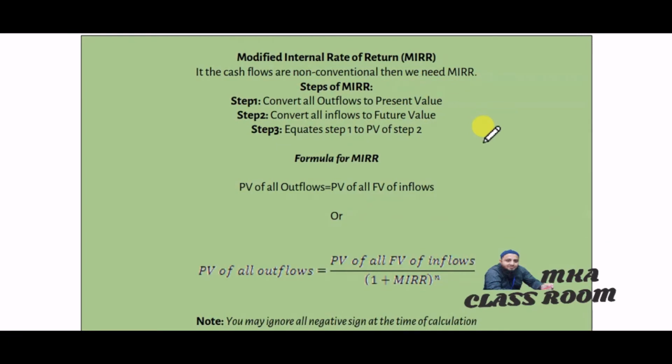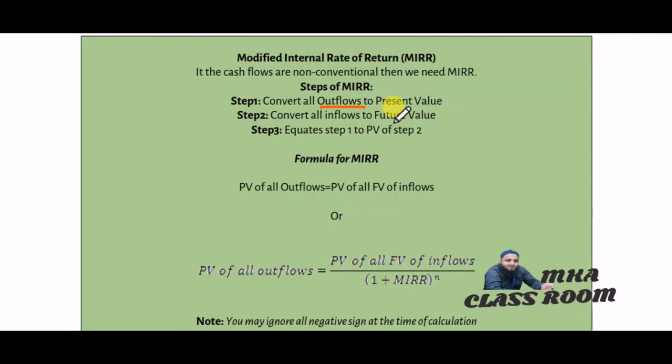So here are the calculating procedures of MIRR, modified internal rate of return. When the cash flows are non-conventional, then we need MIRR. Steps of MIRR: convert all cash outflows to the present value.